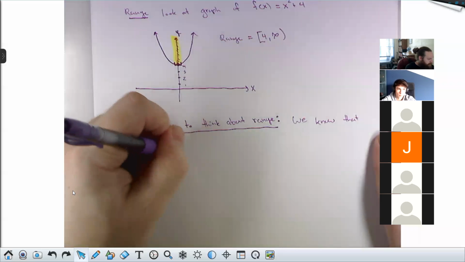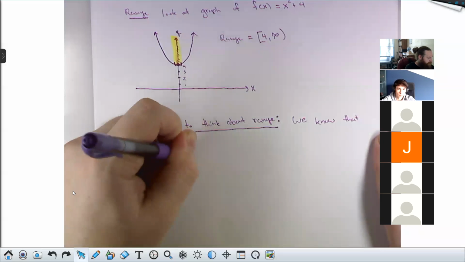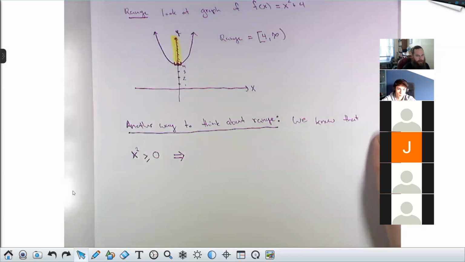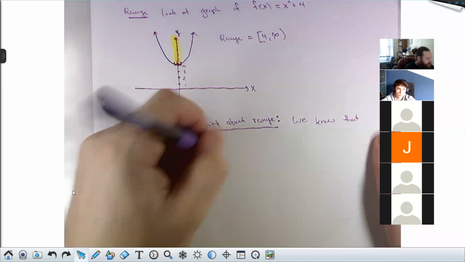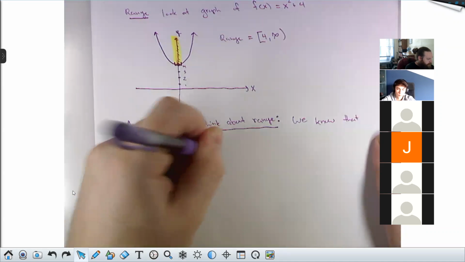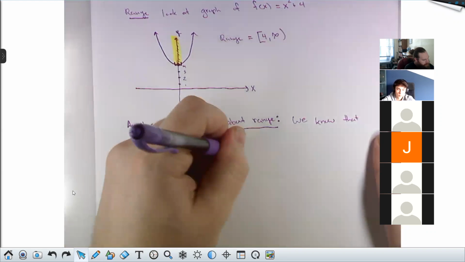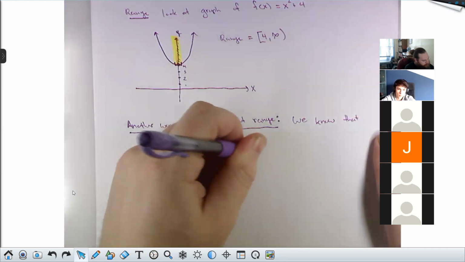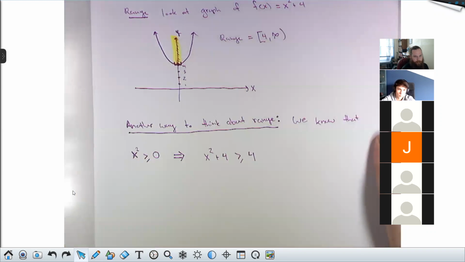That implies, and that's what this arrow means, that x squared plus 4 is greater than or equal to 4. All right, I'm just adding 4 on both sides of this inequality.